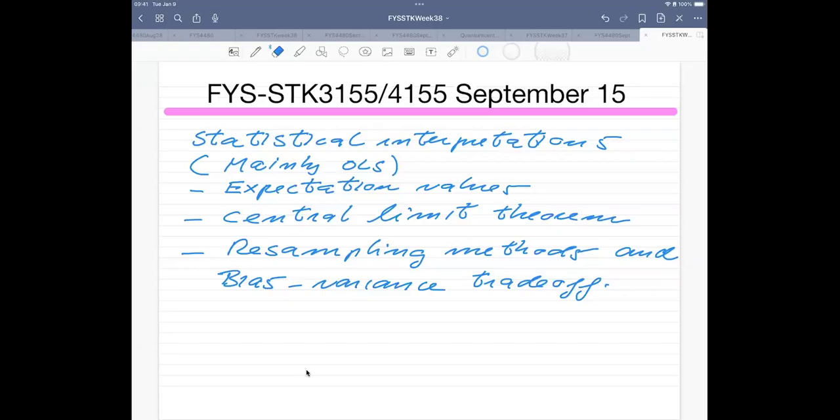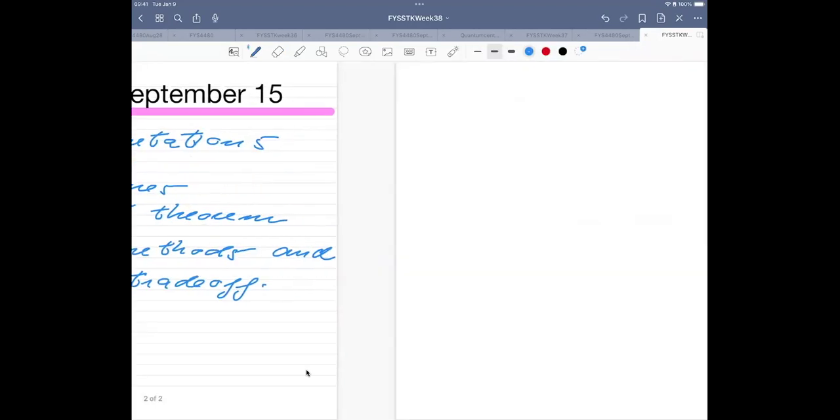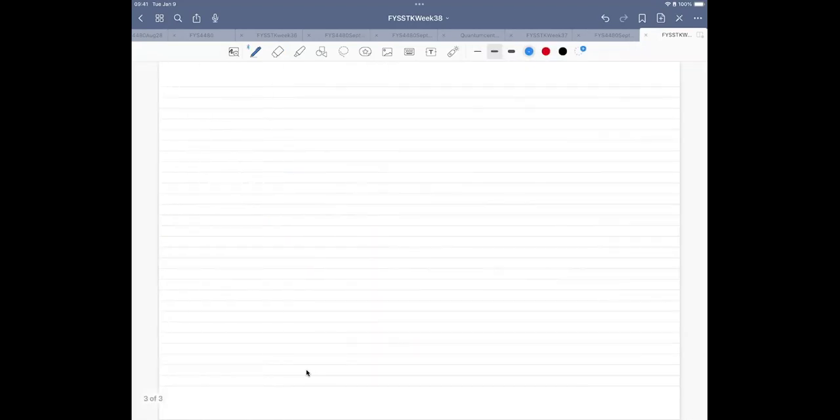And essentially what we will be doing today is to first remind ourselves of expectation values and some of the basic assumptions which we have been doing when we have been setting up the equations for linear regression. So let's look a little bit more in detail of some of the basic assumptions about the data set which we are having. So let's just write this down here, some basic assumptions.